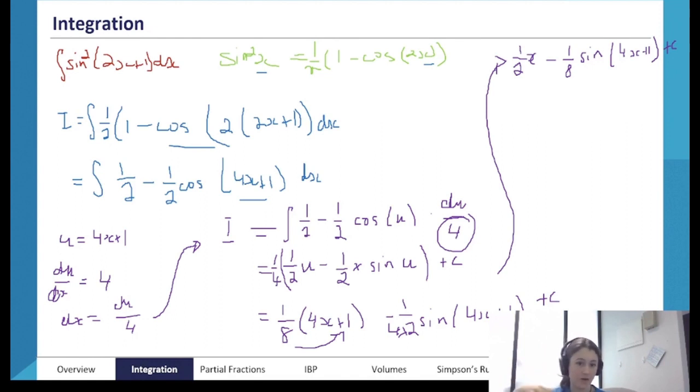This is kind of a base level example where we have to use multiple methods. If you try to do some harder questions from your textbook, and we'll also get to some harder examples in this lecture, you will come across some that are absolutely mental, and you have to use like 5 different types of integration to come to your answer. So take this as kind of like a base level example.